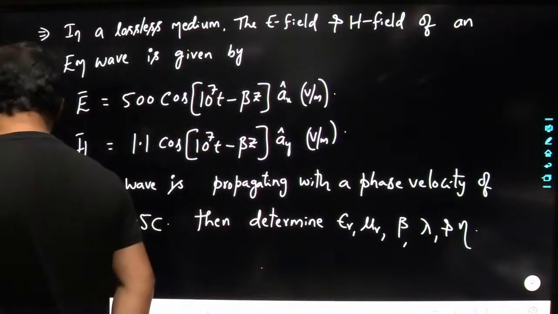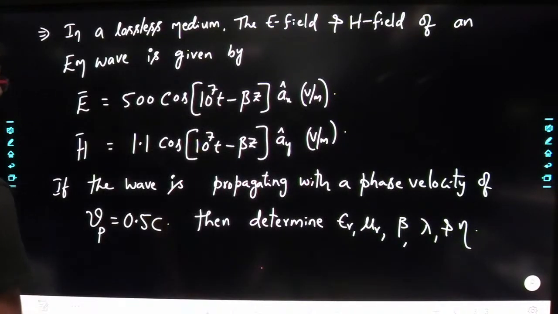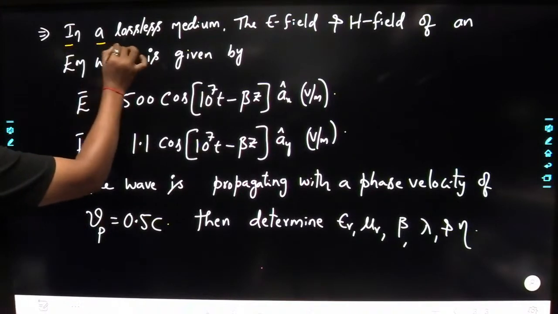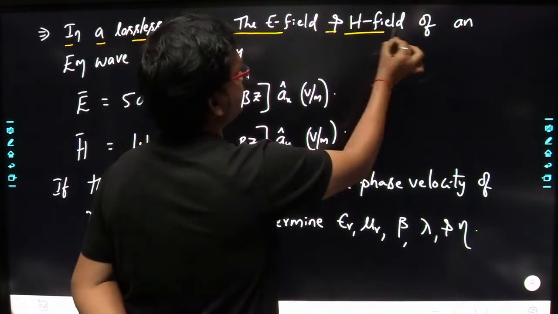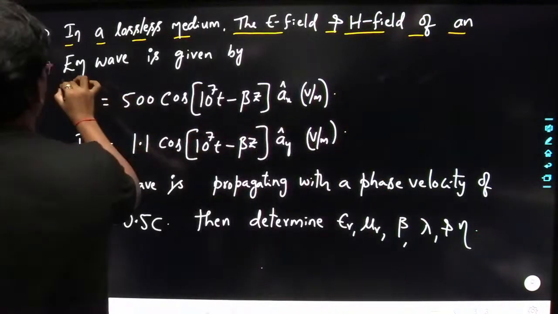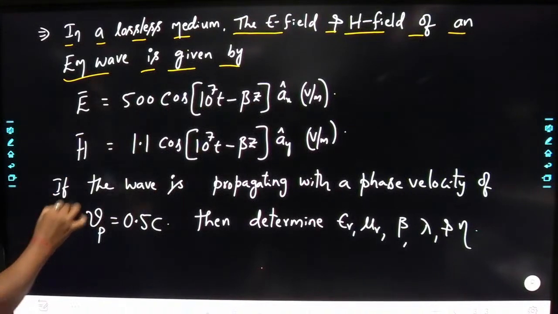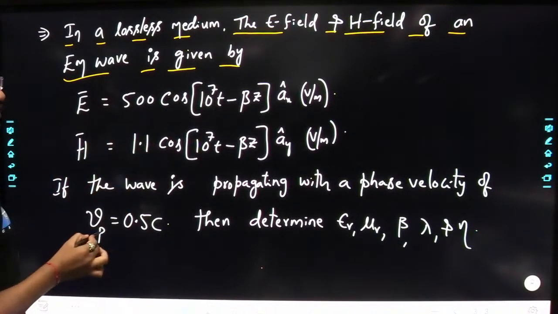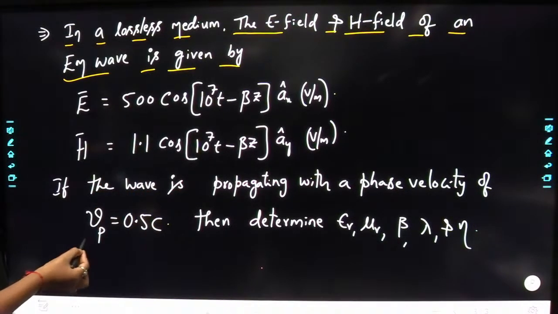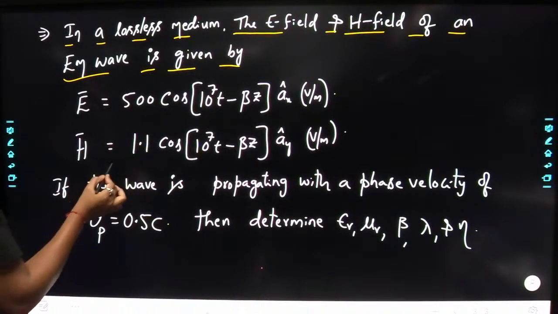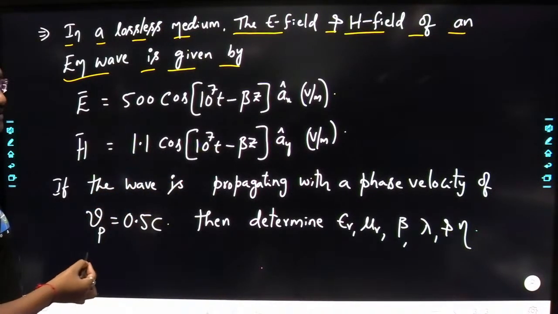Note down this problem. In a lossless medium, the electric field and magnetic field of an electromagnetic wave are given by E bar equals 500 cos of 10 power 7 t minus beta z ax cap volt per meter, and H field is 1.1 cos of 10 power 7 t minus beta z ay cap.